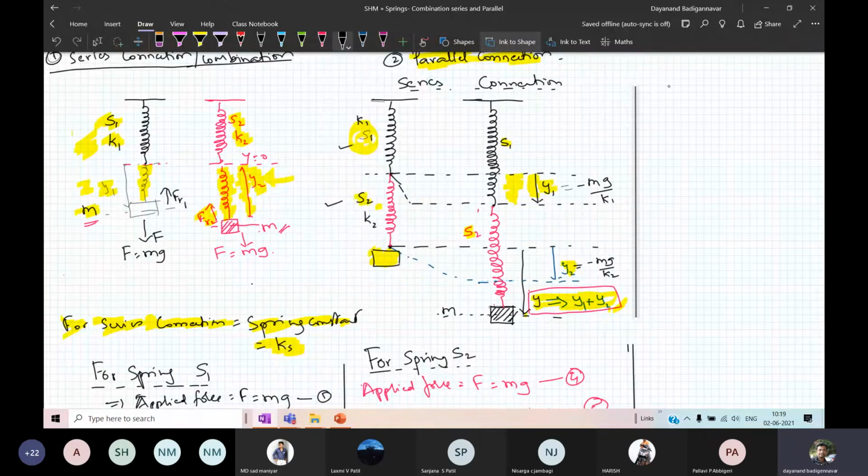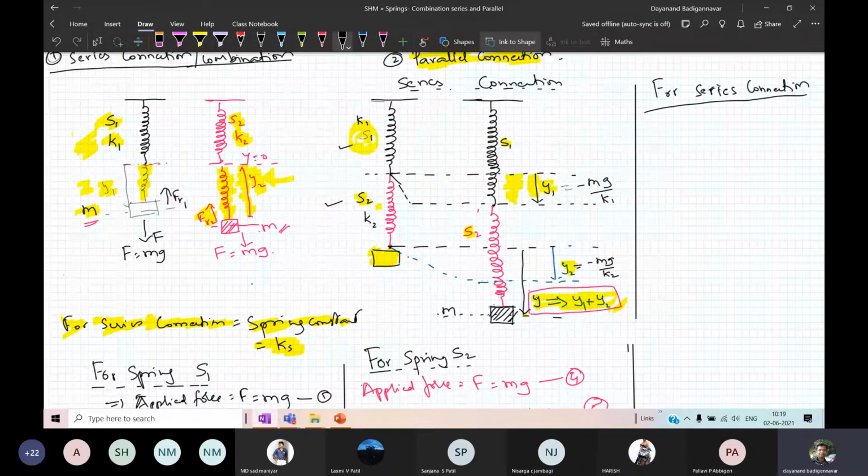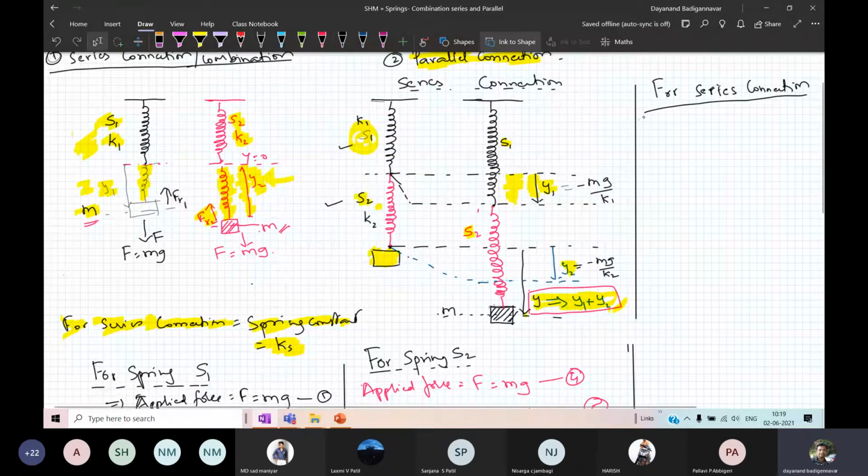So for series combination, when you combine the springs, for series connection of springs, what is the displacement y? For series connection, what is the corresponding spring constant?